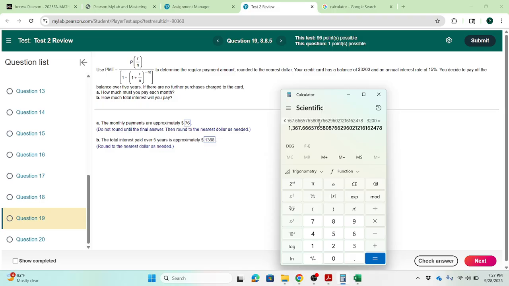If you multiply that cents 60 times, it will be a huge amount of money. So do not use 76. Use whatever number you get, 76 point some cents, times it by 60, and then find out the actual payment you made. And then only after that subtract 3200 from that actual payment, not from this one.